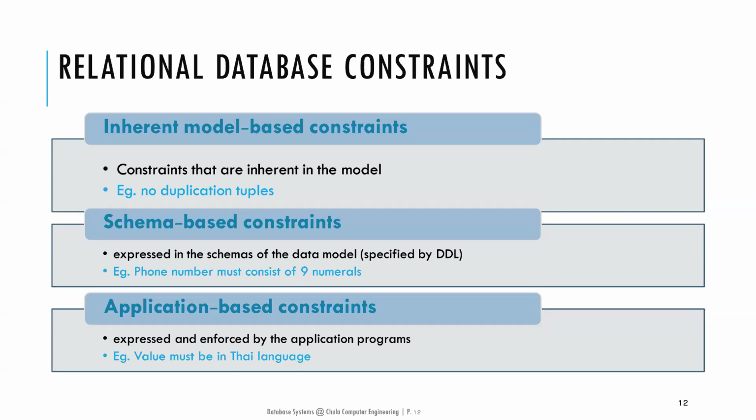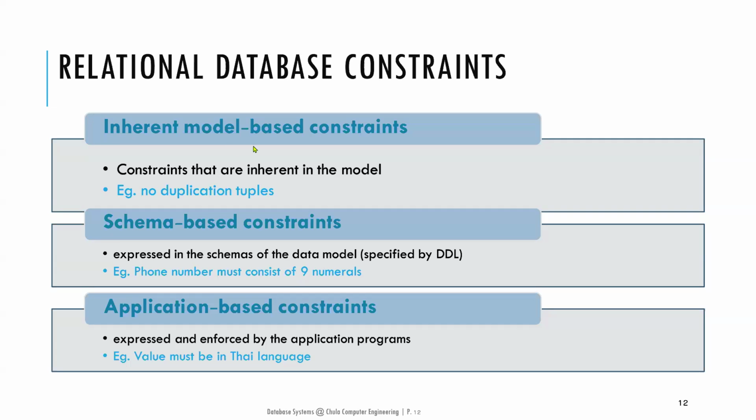We don't want any redundancy, or at least we want to minimize redundancy and errors, so that the database contains data that is credible, right? Now, within the relational database, there are constraints that can help you validate the data. Here there are 3 different constraints. The first set of constraints is called inherent model-based constraints.